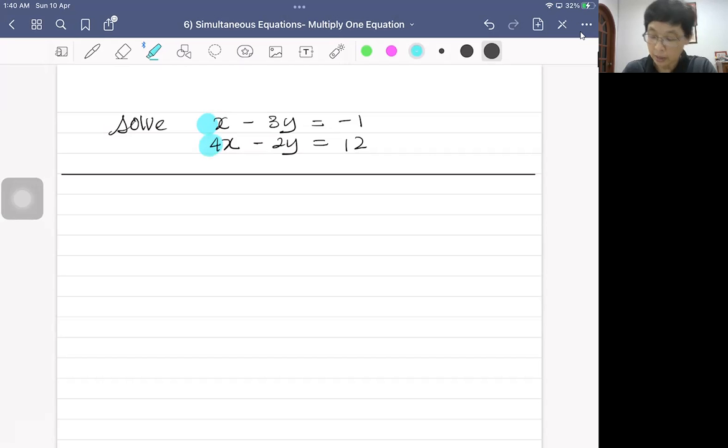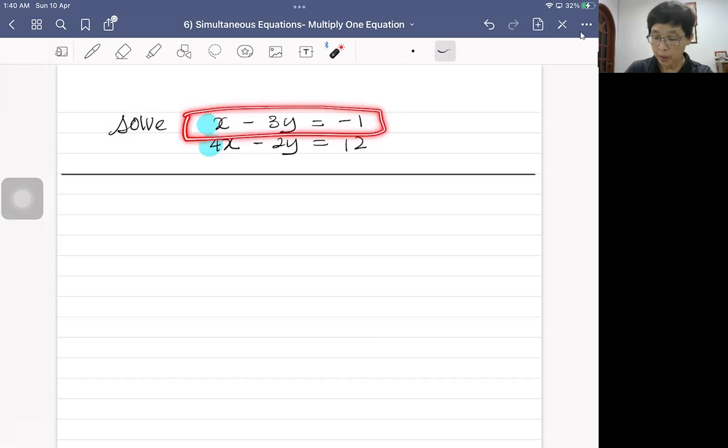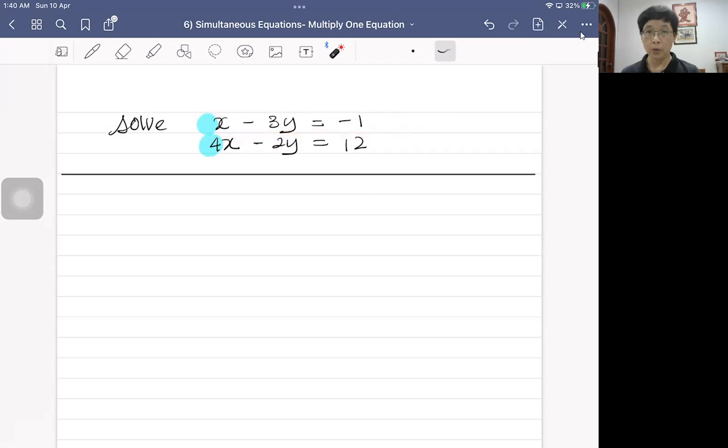And then there is a 4. So you know that you can easily multiply that 1 with 4 to change this equation into 4. That is the idea, that we're going to multiply this equation by 4. And that is the arrangement that we're going to do.